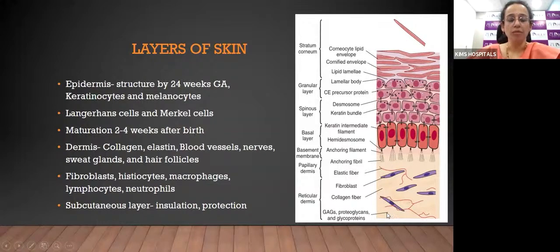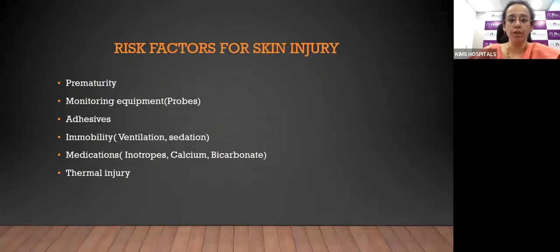The dermis consists of collagen, elastin, blood vessels, nerves, sweat glands and hair follicles, and this helps in offering elasticity to the skin and also acts as the layer which holds the appendages of the skin. The dermis consists of fibroblasts, histiocytes, macrophages, lymphocytes and neutrophils. The subcutaneous layer, which is very deficient in preterm babies, offers insulation and protection to the skin of the baby.